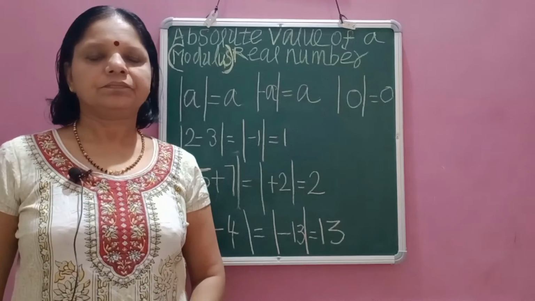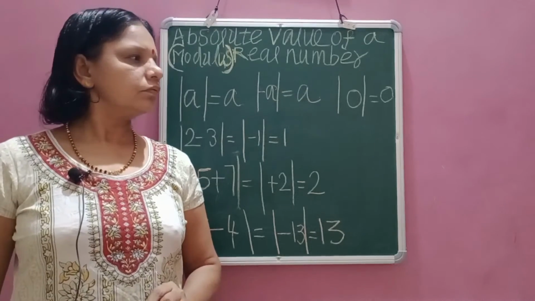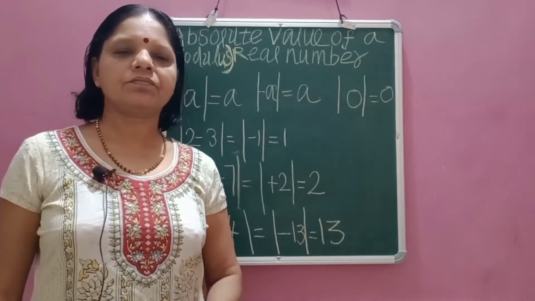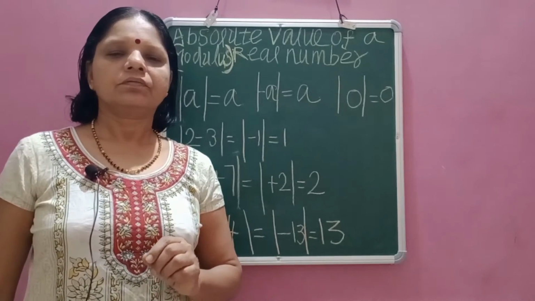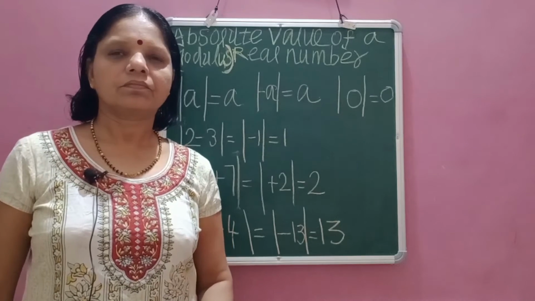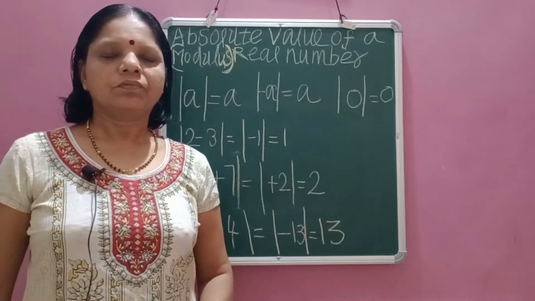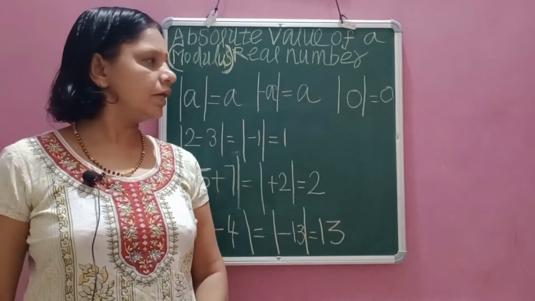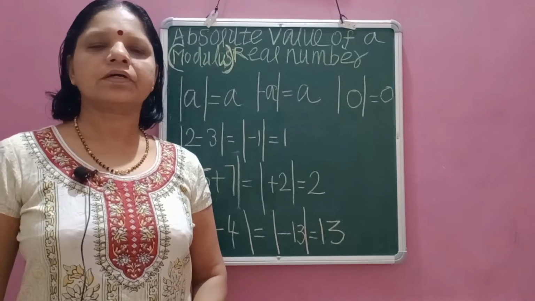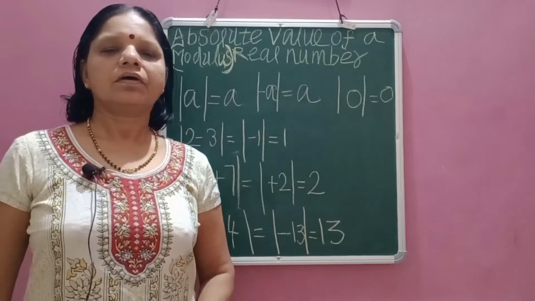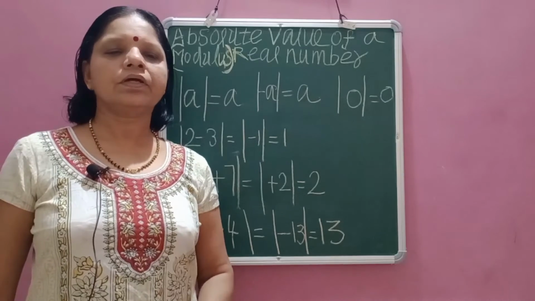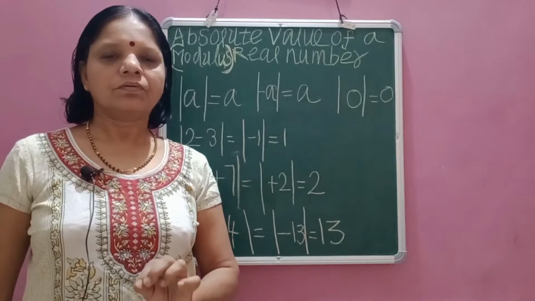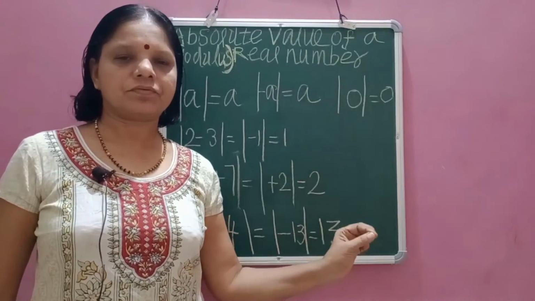For example, if you want to find the absolute value of minus 13, what is it? It can be said that minus 13 is at 13 units away from 0 to the left.